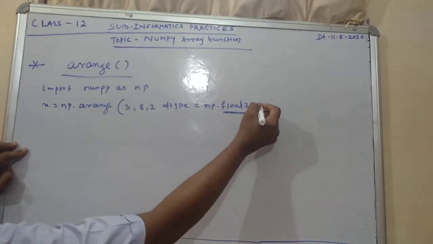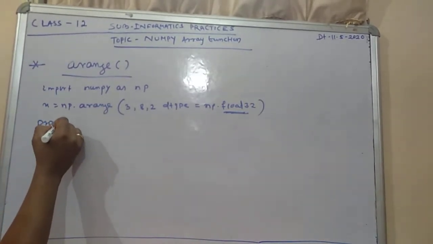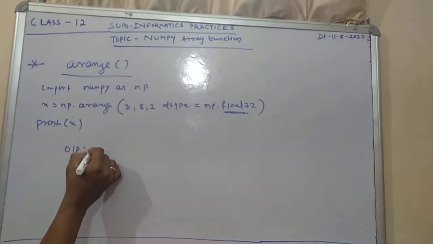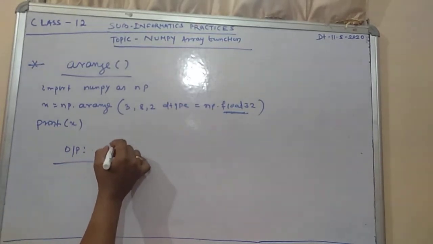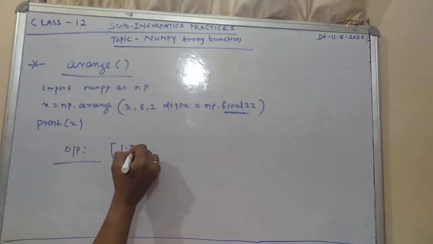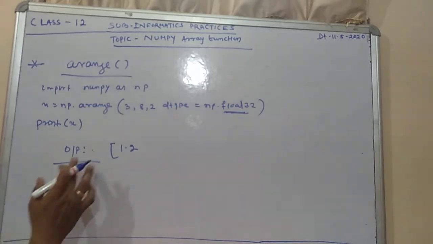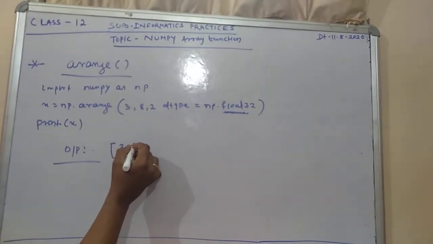It is a data type. And I am writing print x. So what will the output be? Look here. Actually, the output will come as 3.0, 5.0, 7.0.